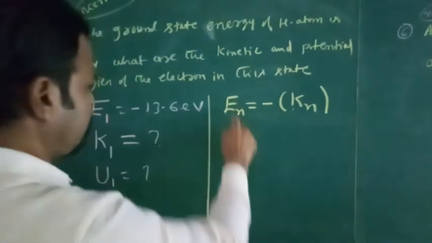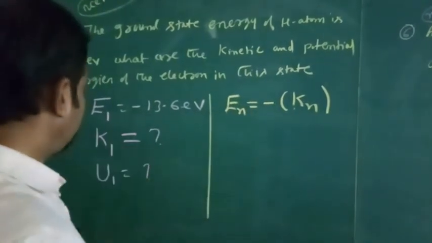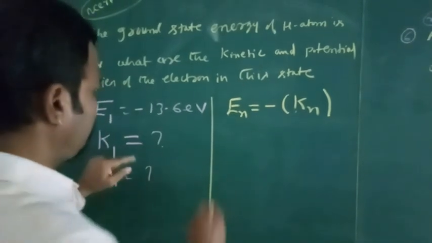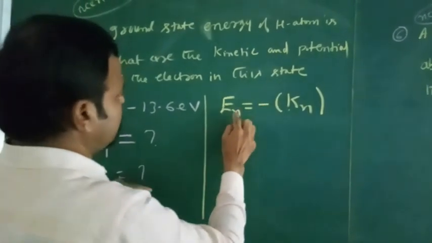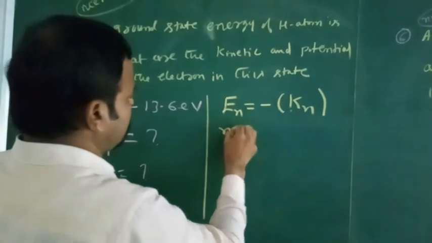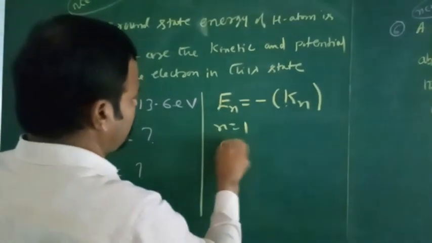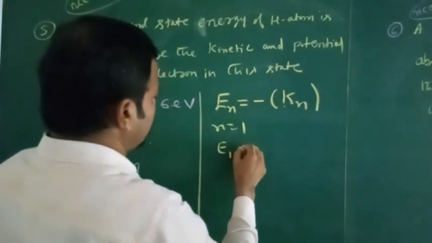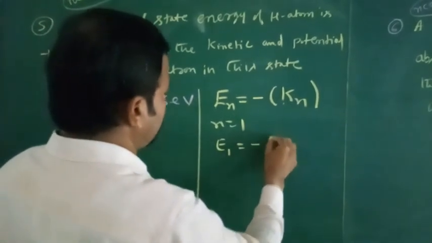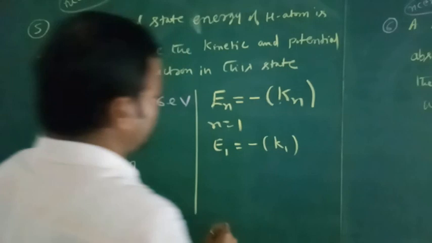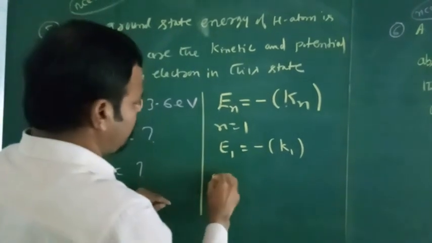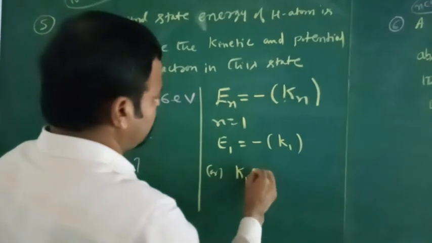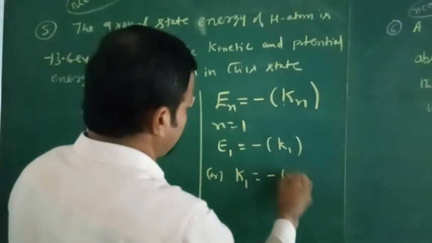So using this formula we can calculate the kinetic energy of the electron in the first orbit. Therefore here n is the energy level, here n is 1, therefore E1 is equal to minus of K1, or kinetic energy K1 is equal to minus E1.